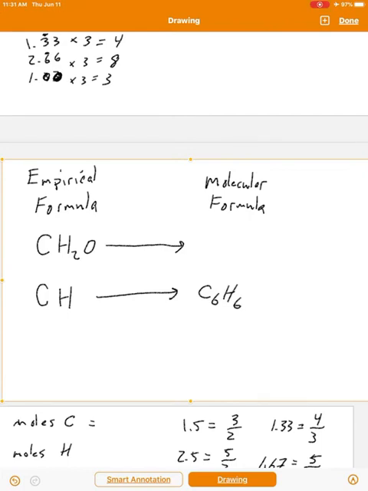So the difference between the empirical formula and the molecular formula was that we took the subscripts here, which are 1s, and we multiplied them by some number. What number did we have to multiply those subscripts by to get 6s for both of them? Right, we had to multiply by 6, right? So we're going to have to multiply this by some number to get the molecular formula as well.